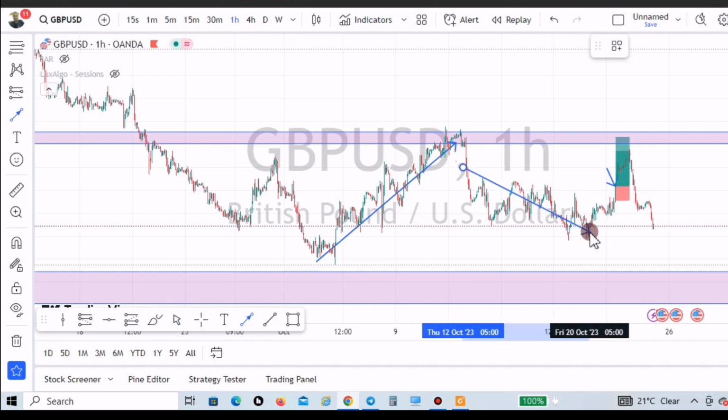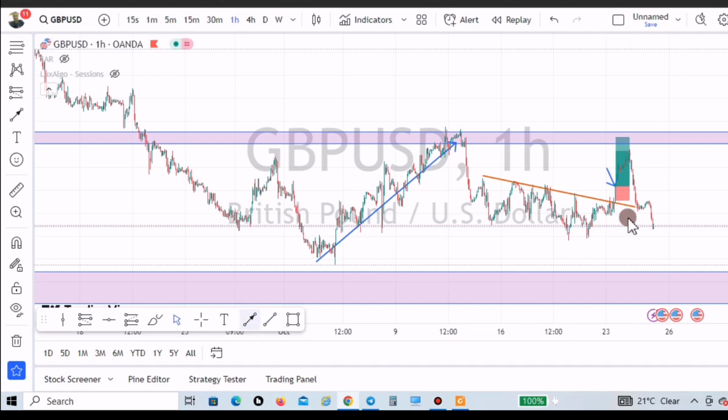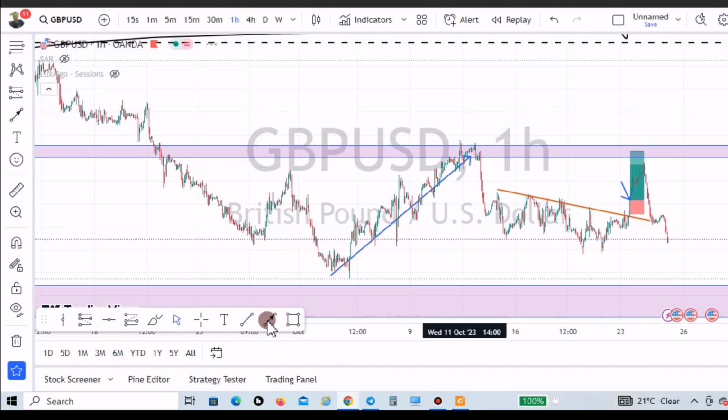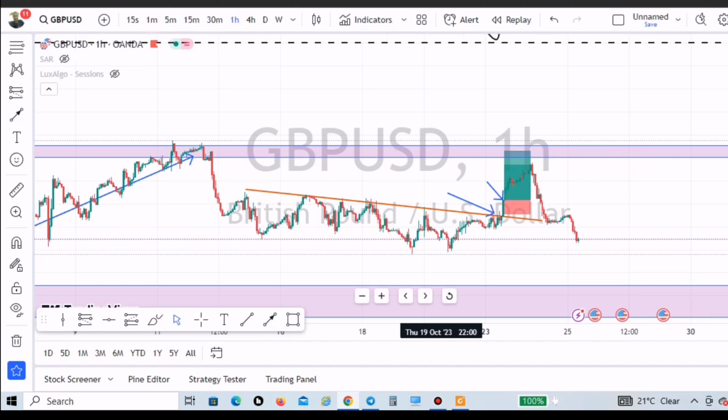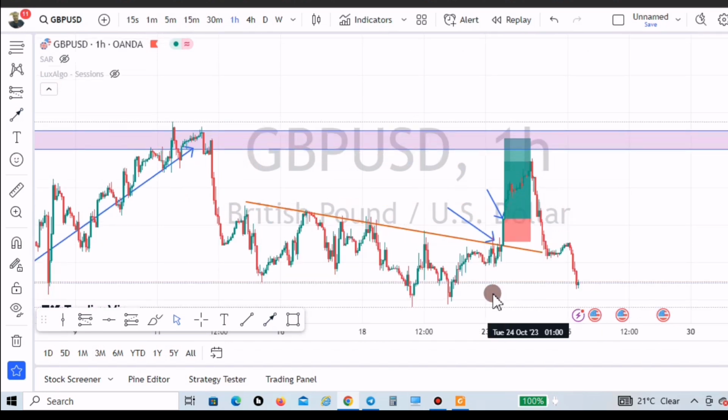On that breakout you would mark maybe that trend line. Price broke out there. So on that breakout, you could take a buy trade knowing that price is coming to this key level. I hope that's easy.